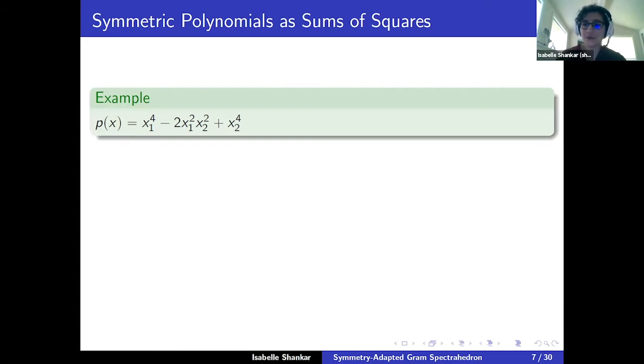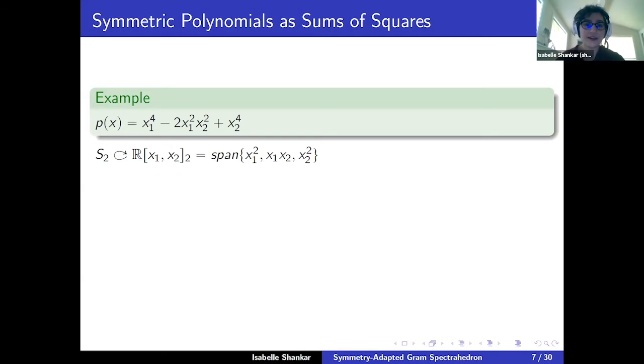It's a degree 4 symmetric polynomial in two variables, and I claim, without knowing how to factor, that this is a sum of squares. Well, what's our representation here? We have S2 acting on degree 2 polynomials in two variables, and we're going to think about it in the span of the monomial basis.